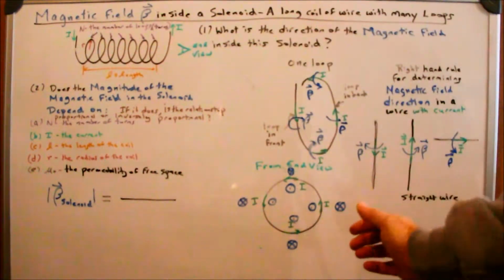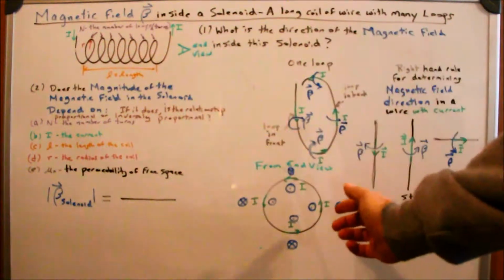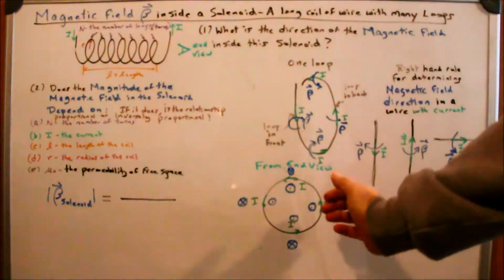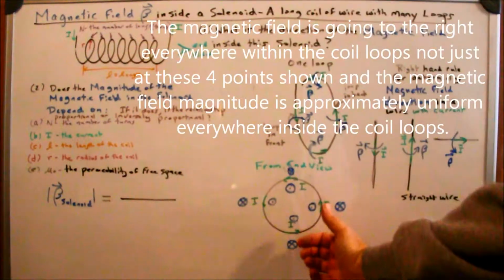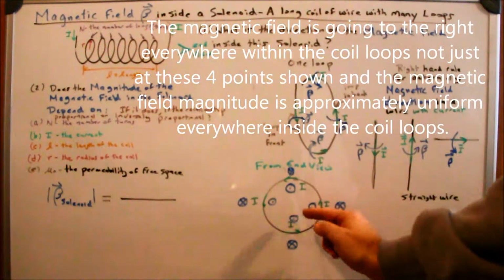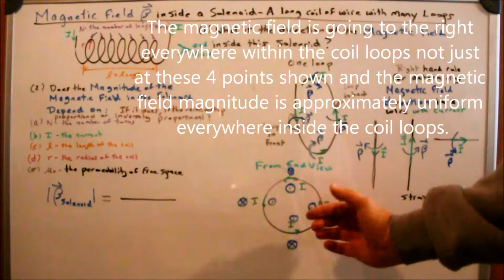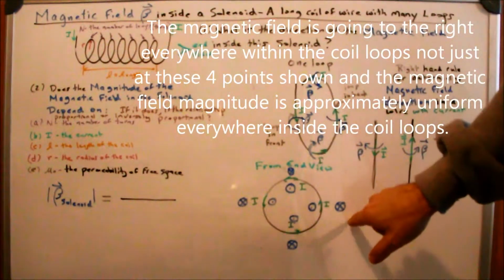Then we'll pick this one, which is back behind the board running around. The current is now coming back up through that loop. I put my thumb in there, and inside these coils the field is coming out, and outside it's going in.